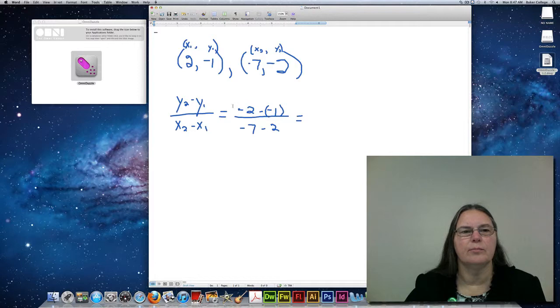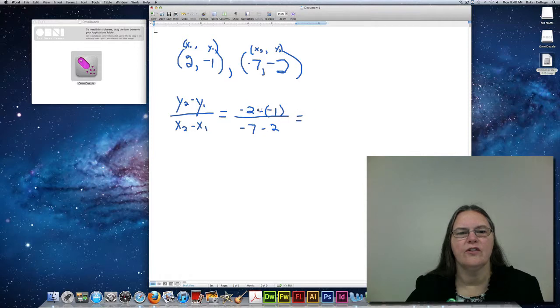And then we have to complete the problem. Now check and make sure you did it right. The y2, the y1, the x2, and the x1. It takes a little practice to set this up.